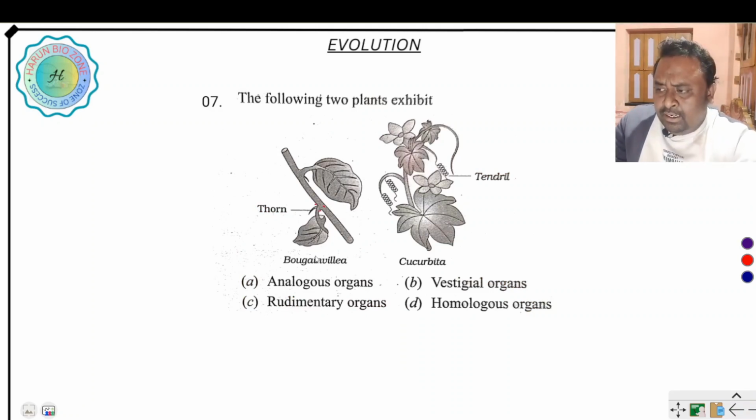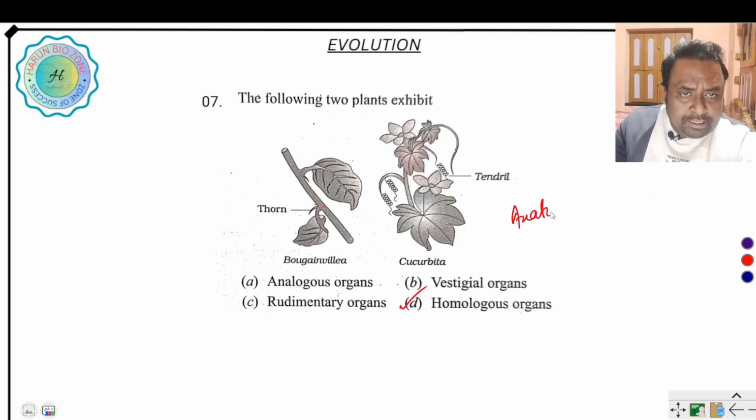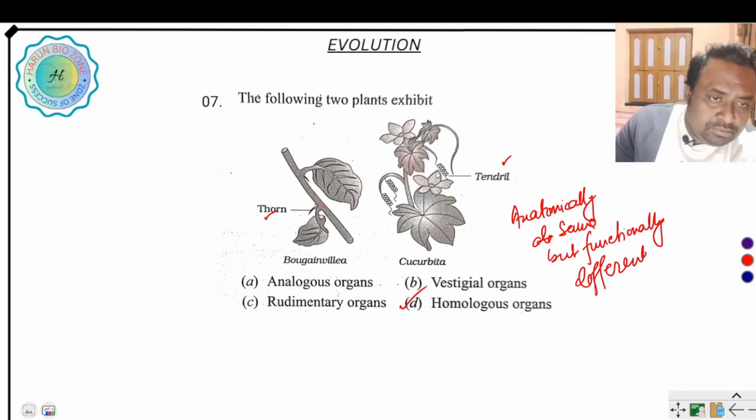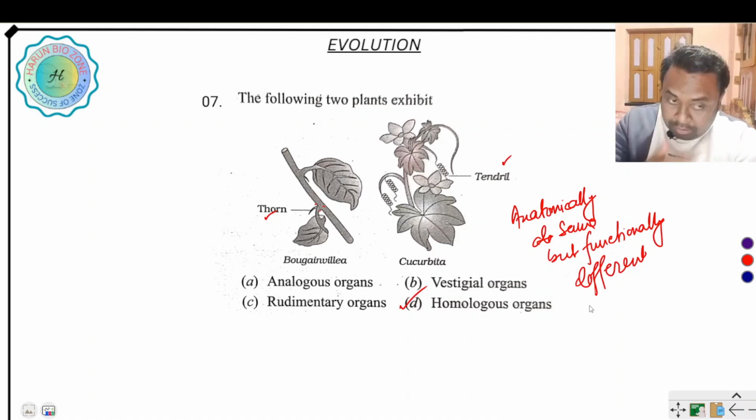They are homologous organs, meaning anatomically same but functionally different. The function of the thorn is protection, and the function of the tendril is to wrap around something and grow.